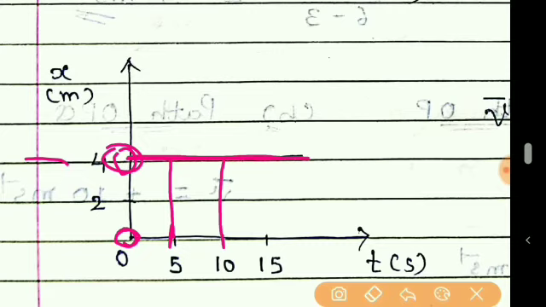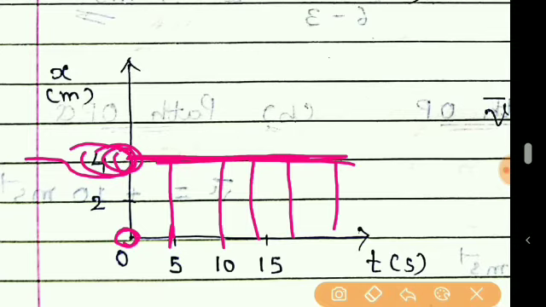After 10 seconds also, what is the position of this particle? It is 4 only. So at every time we'll find that as the line is horizontal, the position will remain same. And if the position is same, the particle is considered stationary, and a stationary particle has zero velocity.